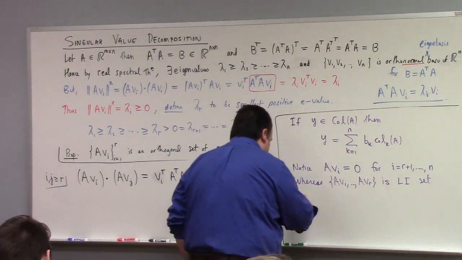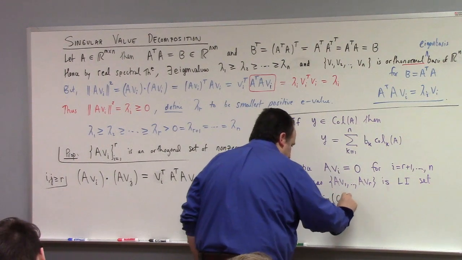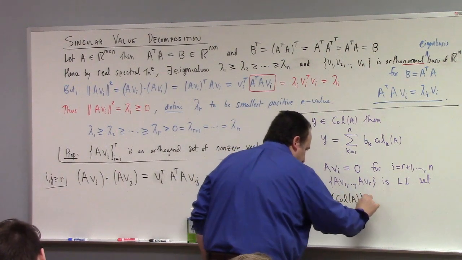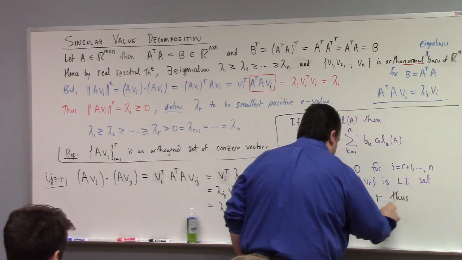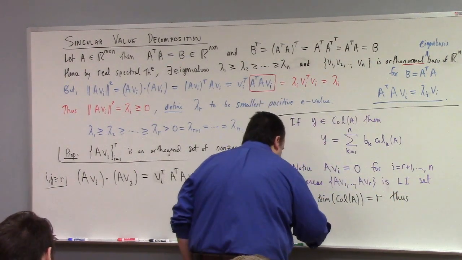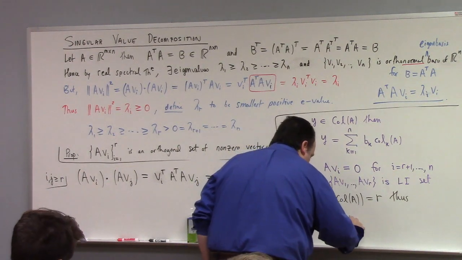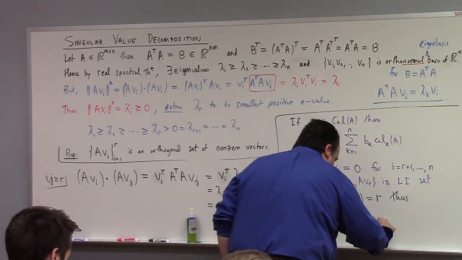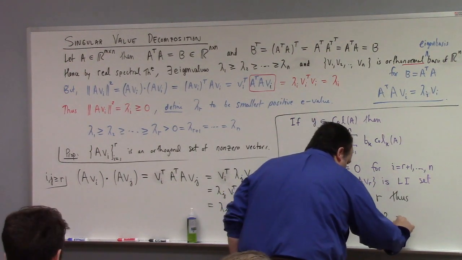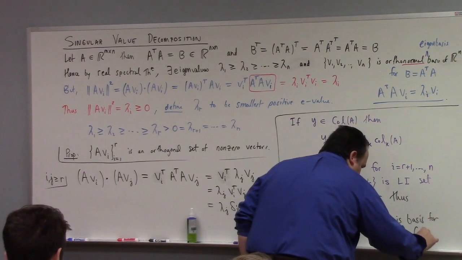This implies that the dimension, and I haven't quite proved this, guys, but the dimension of the column space of A is equal to r. Thus Av1, Av2, dot dot dot, Avr is a basis for the column space of A.